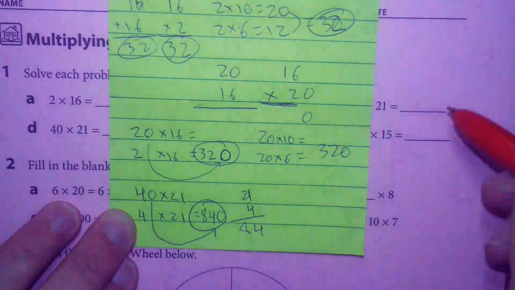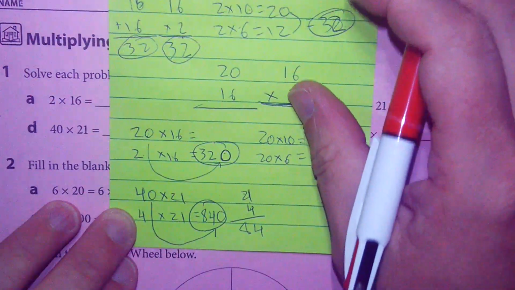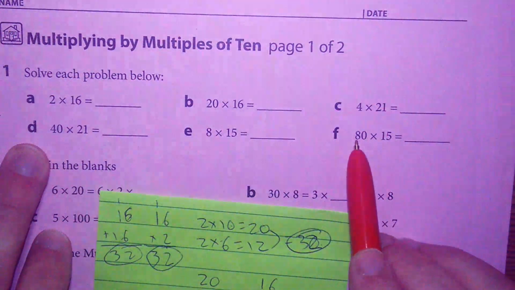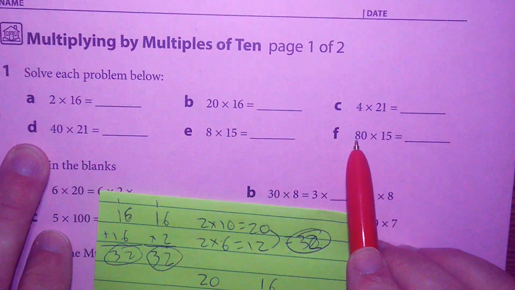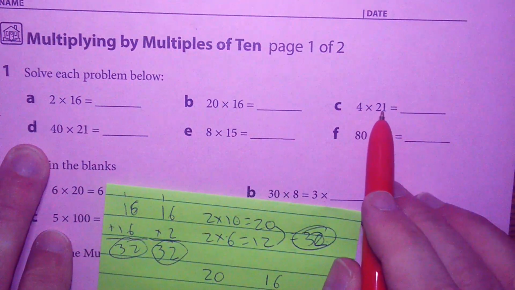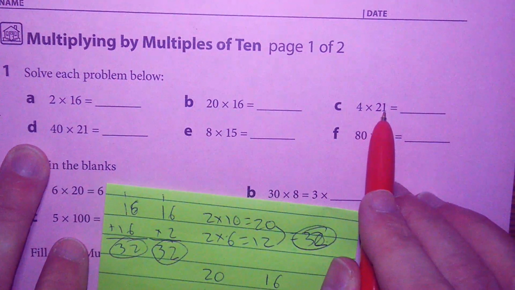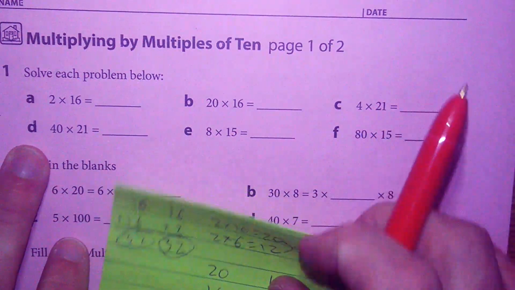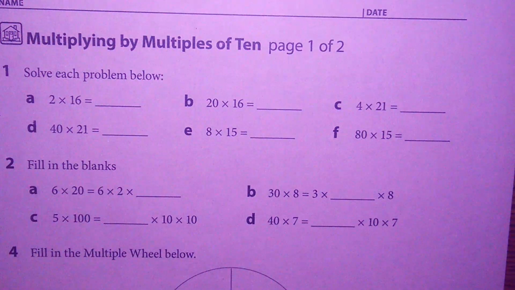Your answer is 840. Okay? So if you see a 0, D, B, F, I would definitely try to use those. If you see a number that's not so friendly, maybe you could make it friendly. 4 times 20 plus 4 times 1. Okay? I'm going to give you an opportunity to work through those on your own time. Pause this video if you need to, okay?